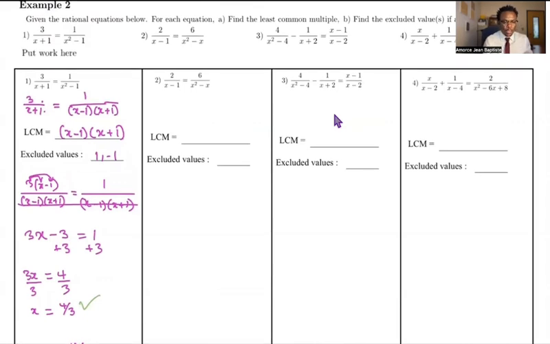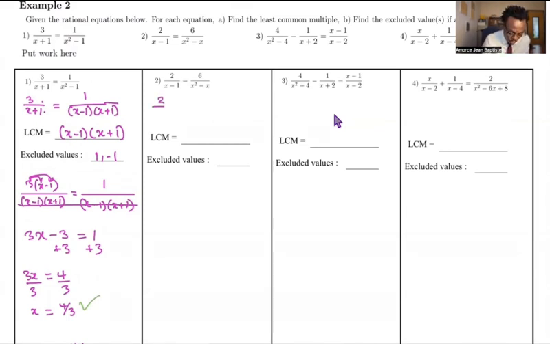Next example here, we're solving 2 over x minus 1 equals 6 over x squared minus x. We're going to write this in factored form. Just factor the GCF, which is x.